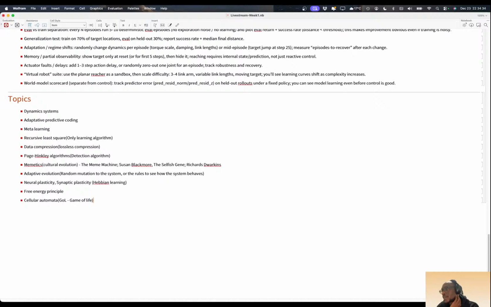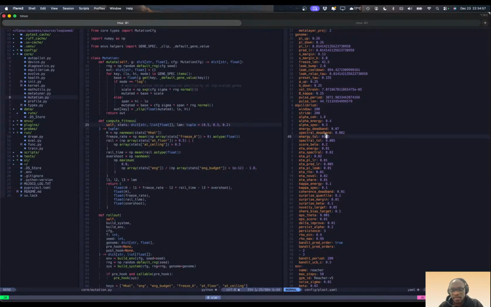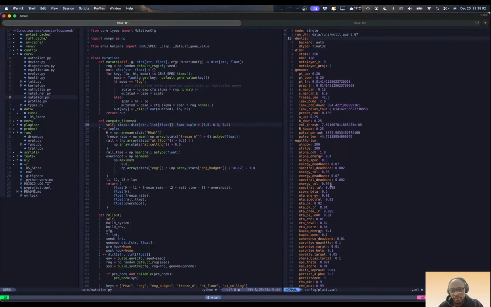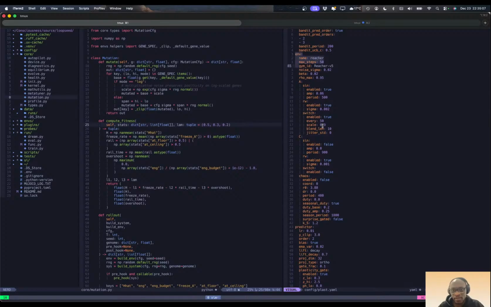Then, where are the environments where you test the agents? So the environment I'm configuring. Right now, we started with a toy environment, so let me show that. Let me find the environment config. These are the environments we have.